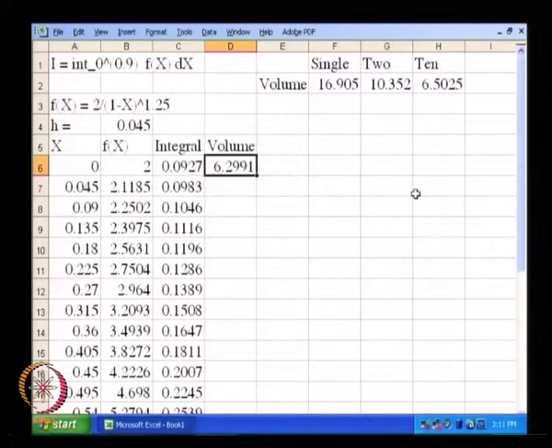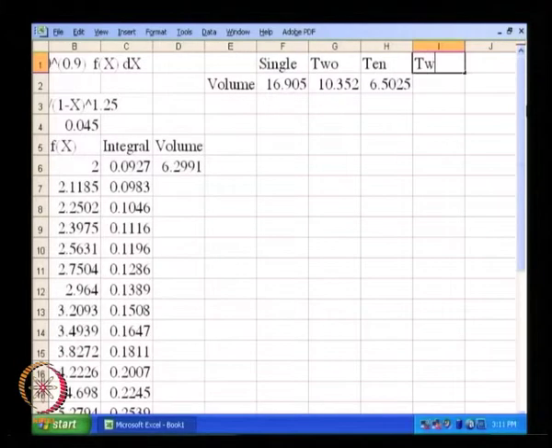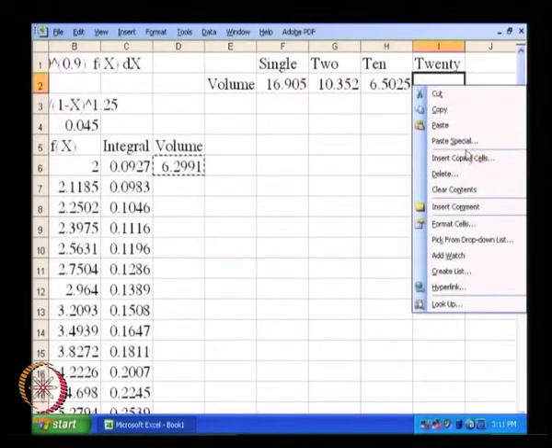As you can see, with 20 applications, the value of the volume is now beginning to converge.